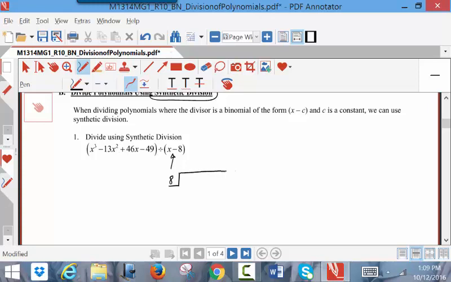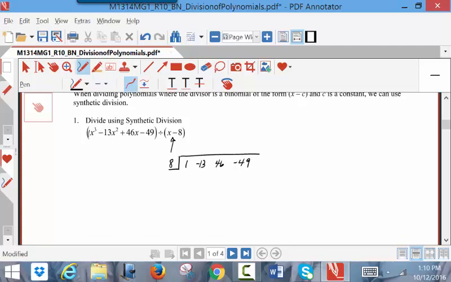Then draw a bar here, and under the bar, put the coefficients of this large dividend. It's a 1x cubed, so I put 1. Negative 13x squared, so I put negative 13. 46x, so I put 46. And then a negative 49. So that's your start in your synthetic division.